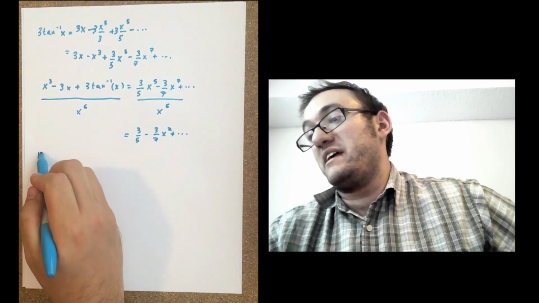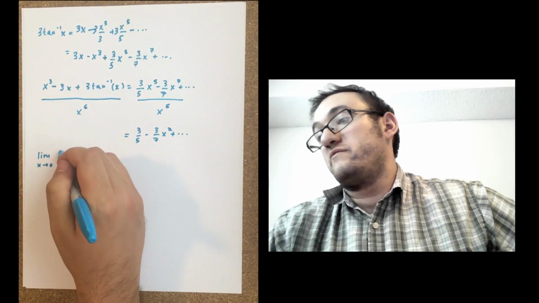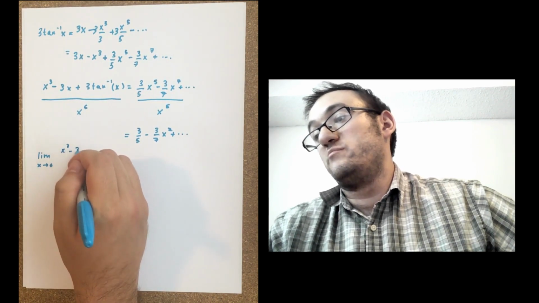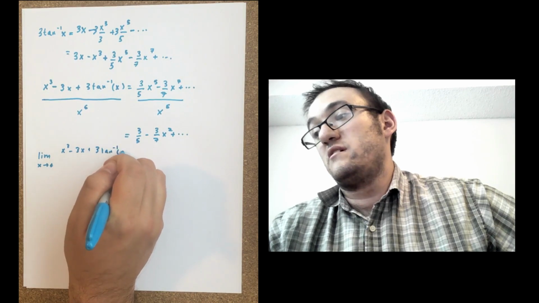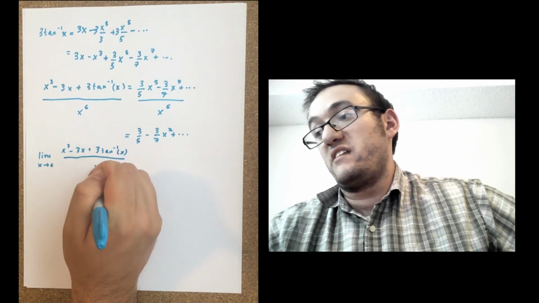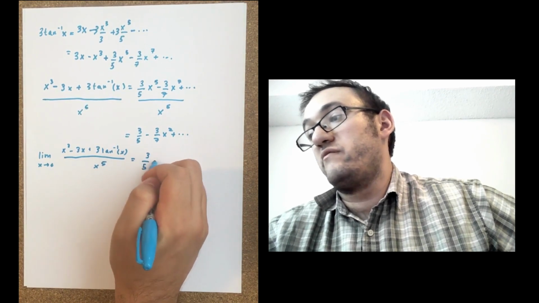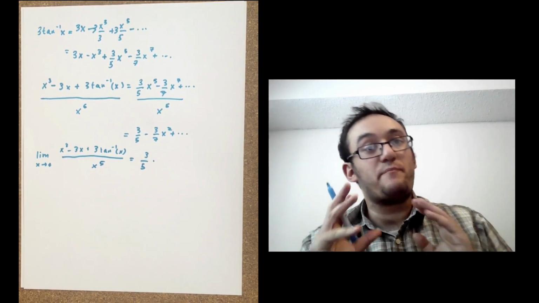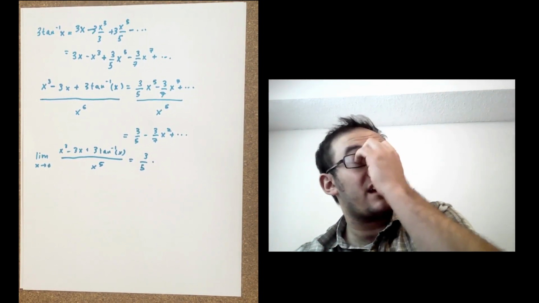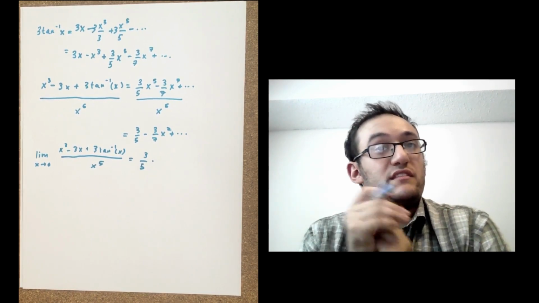So the limit as x goes to 0 of x cubed minus 3x plus 3 arctangent of x, divided by x to the 5th, will be 3/5. Okay? So here we use the power series expansion to plug it into a complicated algebraic expression and simplify so that the limit was easier to compute.